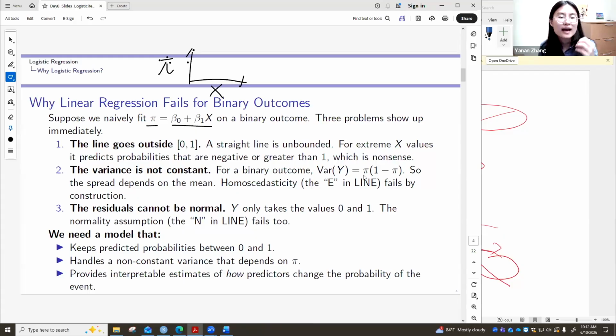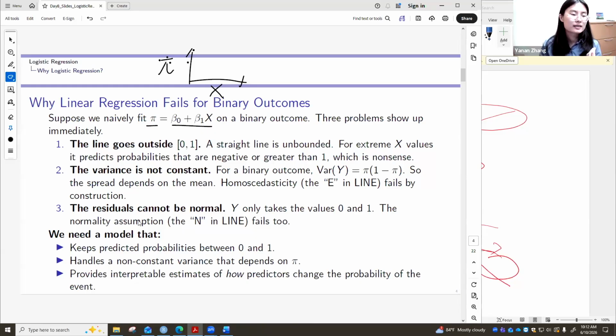For different values of probability, we have different variance for the outcome. But for linear regression, we assume what? We assume equal variance, that at all values of x, the variance is always the same. But for the binary outcome, that's not the case.